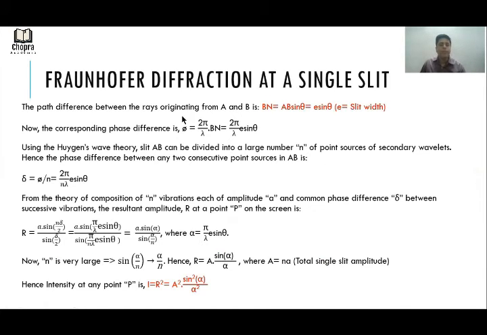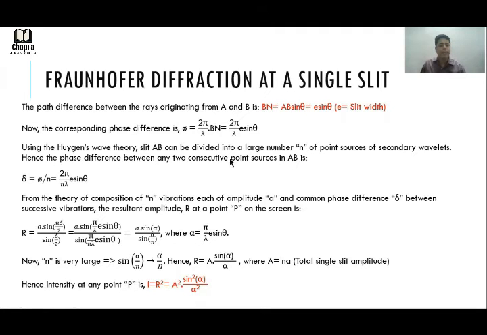The path difference between the rays originating from A and B is given as Bn, which is nothing but AB sine theta, or AB is equal to e, so it is e sine theta, where e is the slit width. Similarly, the corresponding phase difference is 2 pi by lambda times Bn, which makes it 2 pi e sine theta by lambda. Now we are all aware of Huygens wave theory, so we will just use this theory, because of which slit AB can be divided into a large number n of point sources of secondary wavelets.